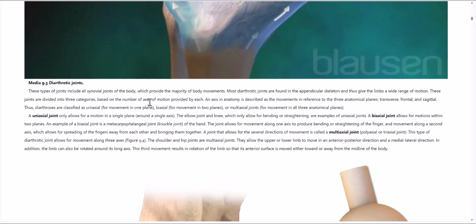One way of categorizing this has to do with the number of different planes or axes on which the joint is movable. So we are going to see uniaxial for movement in one plane, biaxial movement in two planes, you know bi means two, and multiaxial for three planes. All three planes are multiple planes.